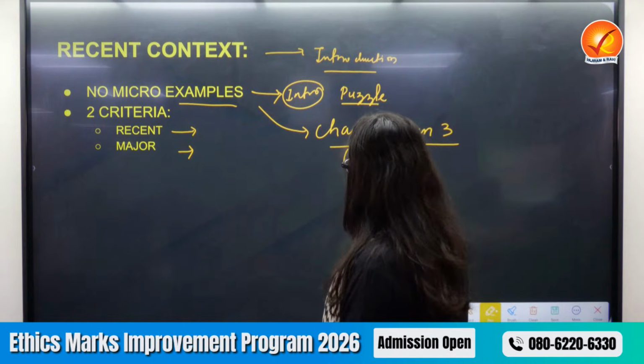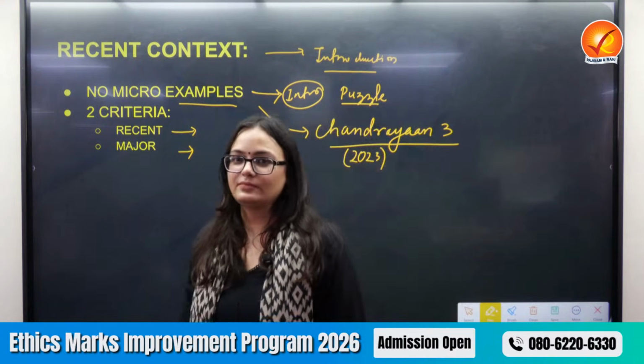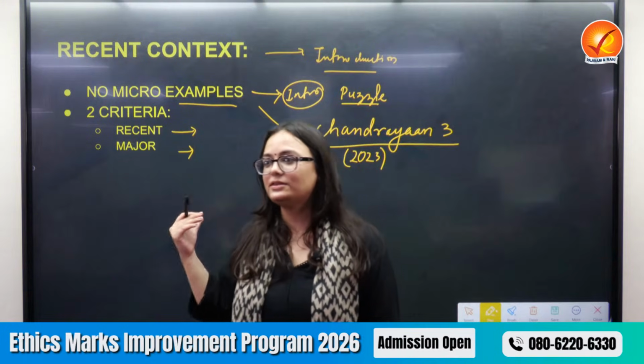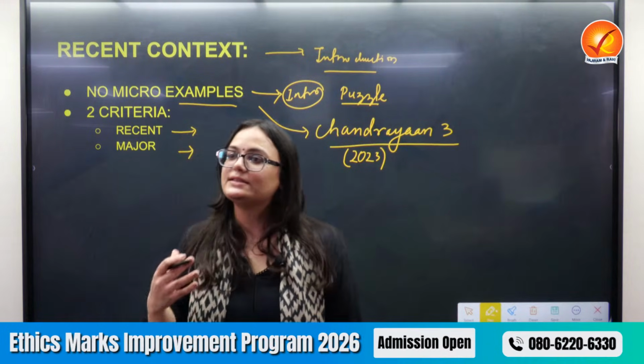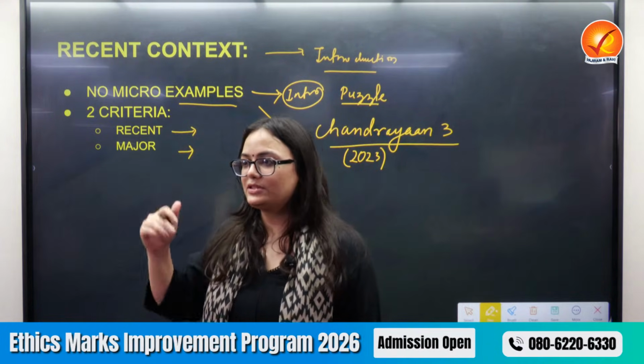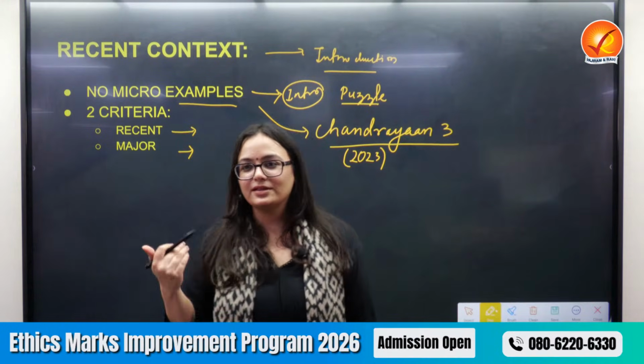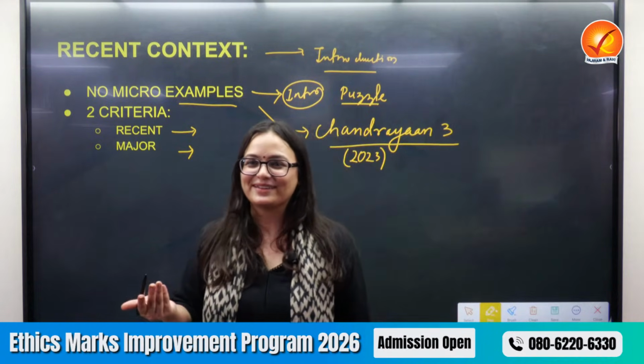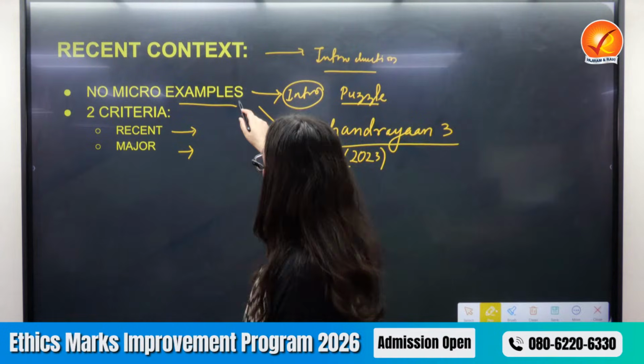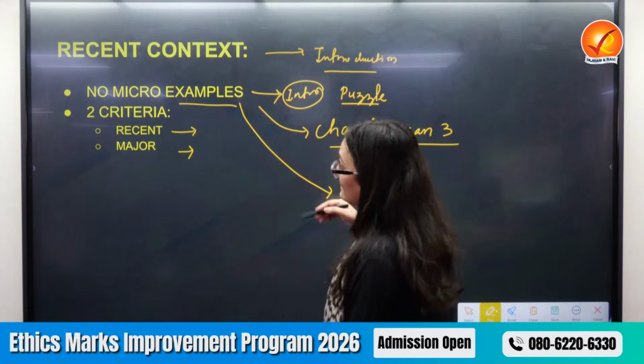I think 23. Yes. Now something that happened in 23, you can of course use as an example in your answer. But if you're starting with something that happened 3 years back, what will the examiner think? Why is Chandrayaan 3 being launched here? Right? So you have to think of recent.